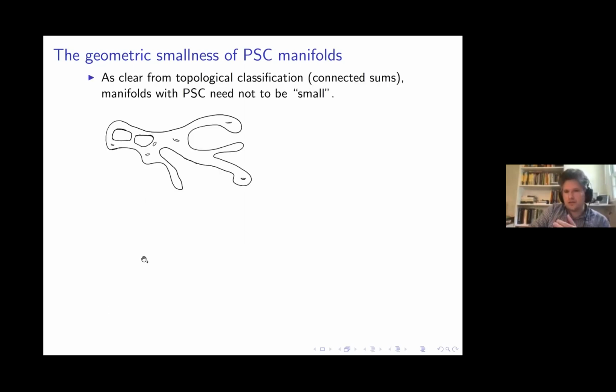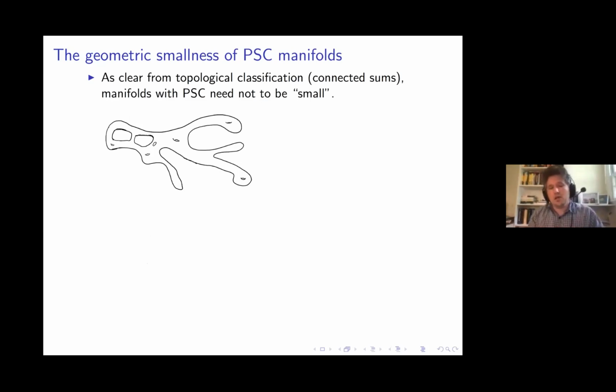This was the starting point for our study. Positive scalar curvature in 3 dimensions gives you the topological classification. Now, what about geometric smallness? Can we do something?